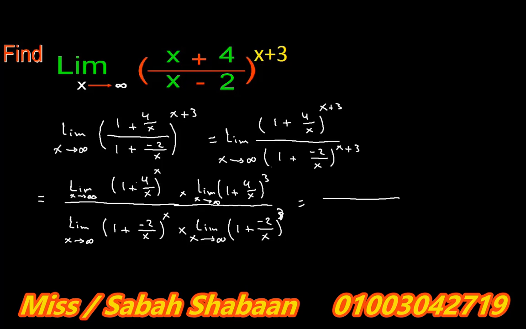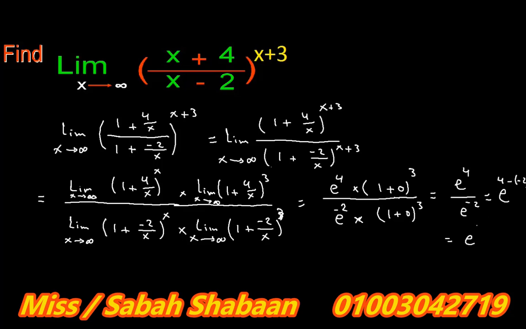By the rules, the first limit equals e^4 times (1 + 0)^3, and the second limit equals e^(-2) times (1 + 0)^3. This equals e^4 divided by e^(-2), and by the rules the result is e^(4 - (-2)), which equals e^6.